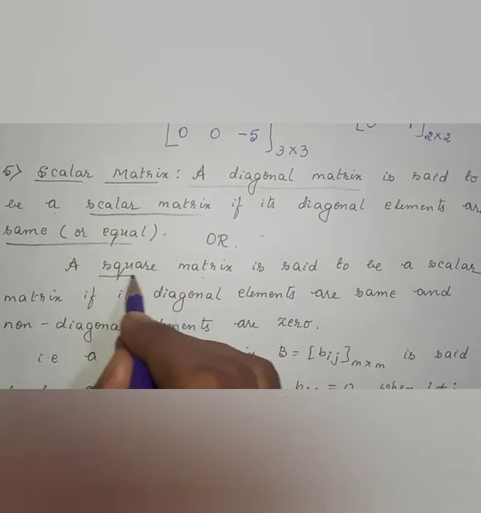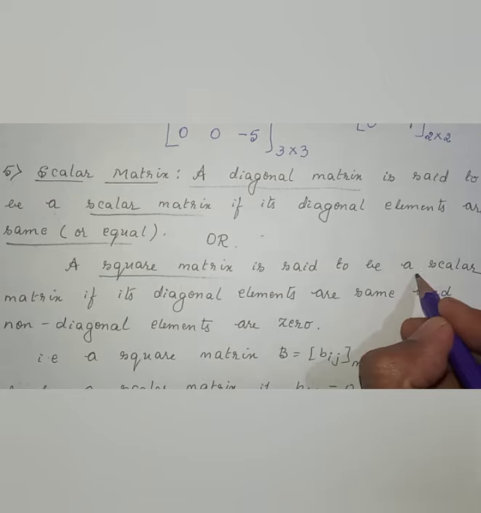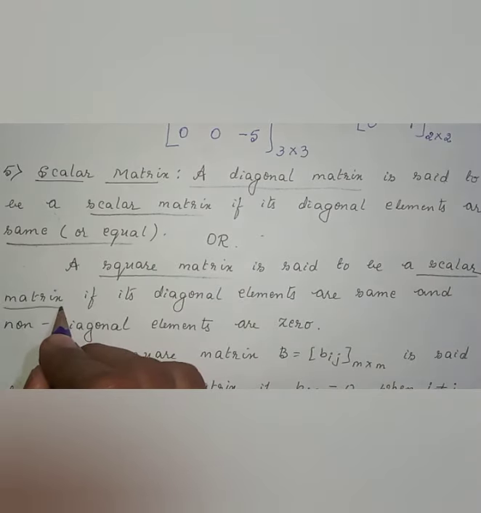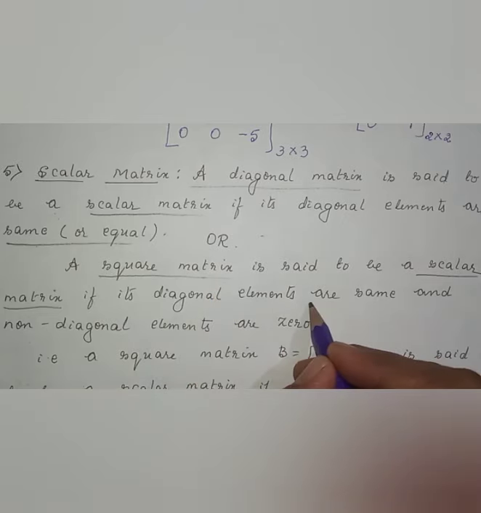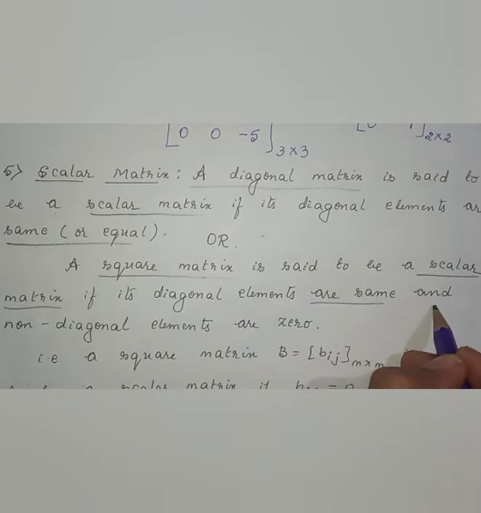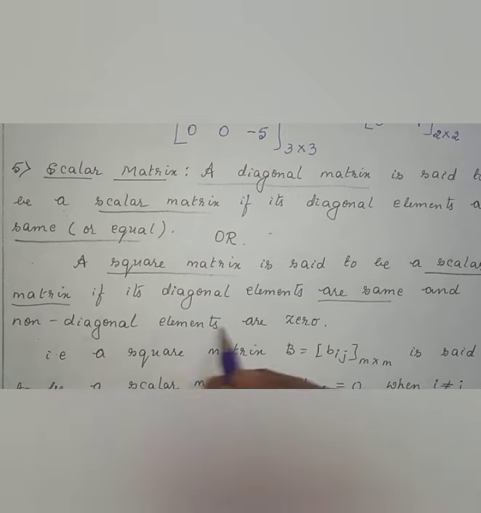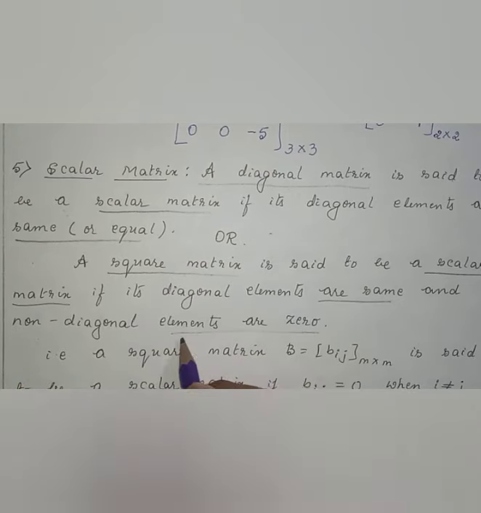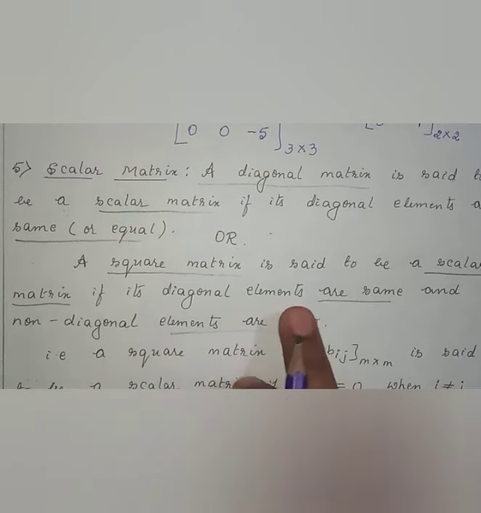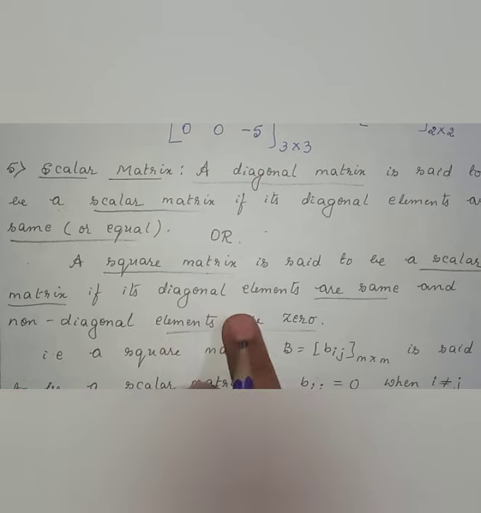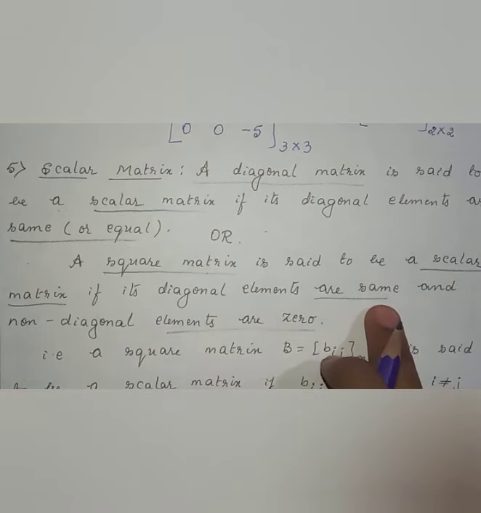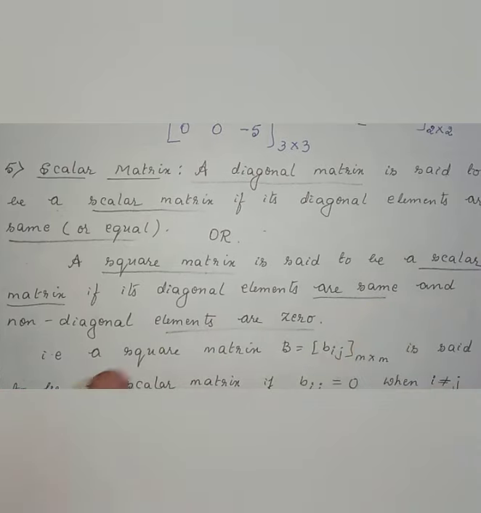So a square matrix is said to be a scalar matrix if its diagonal elements are same and non-diagonal elements are 0.